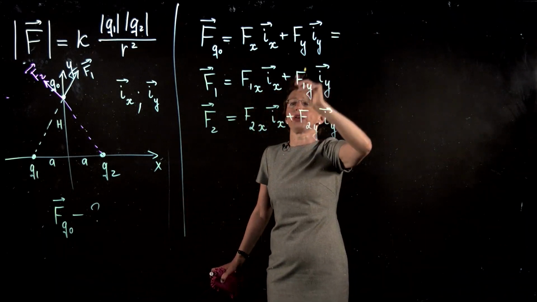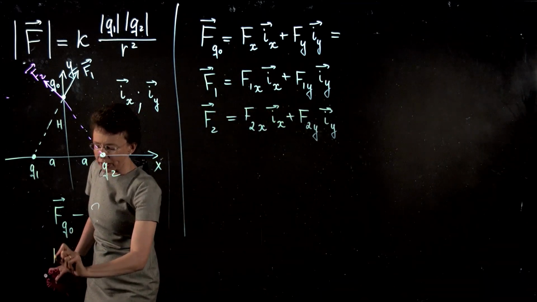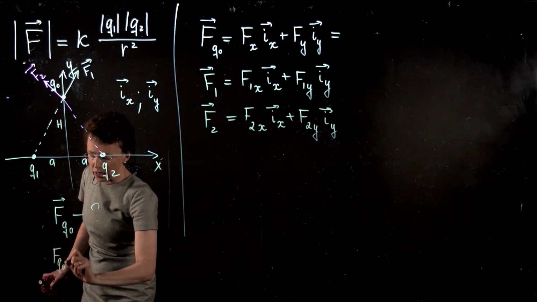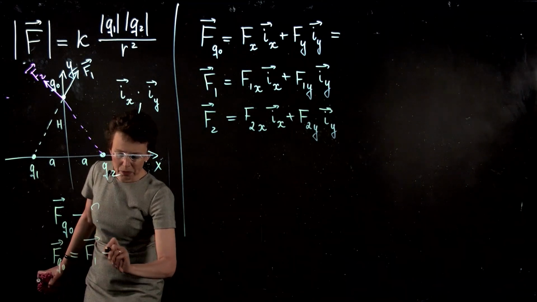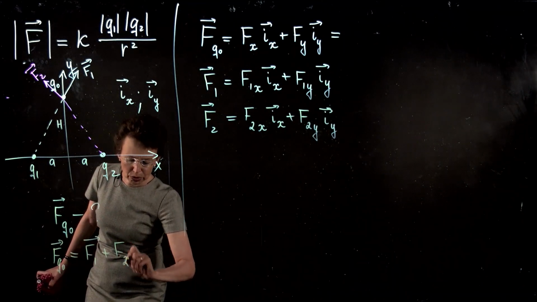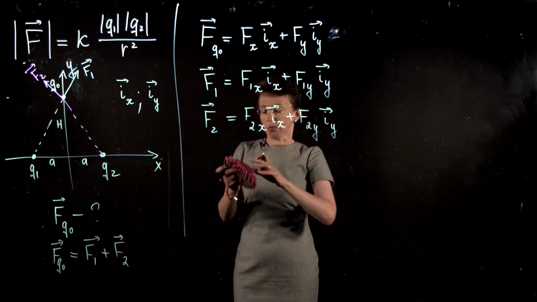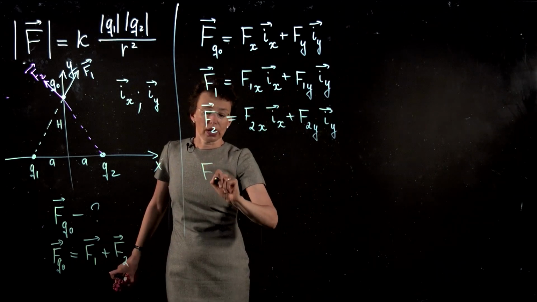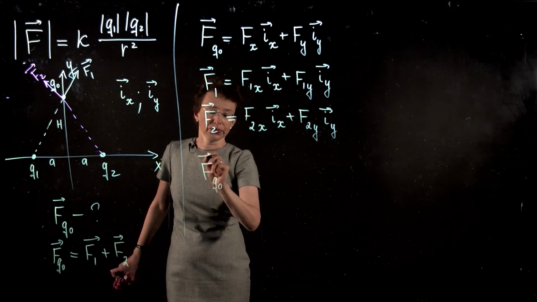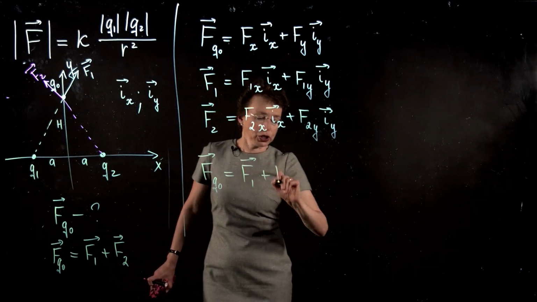So what does it mean that we find the vector sum F Q0? F Q0 is equal to vector sum of F1 plus F2. So how to find vector sum of F1 plus F2?